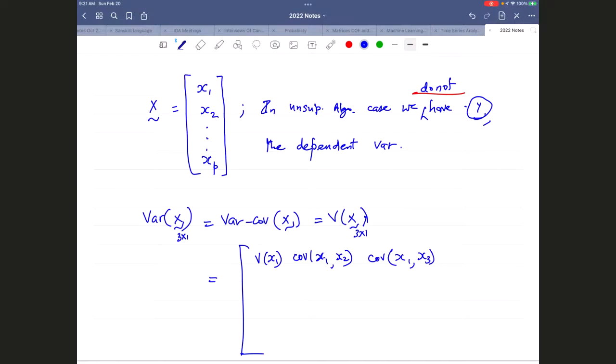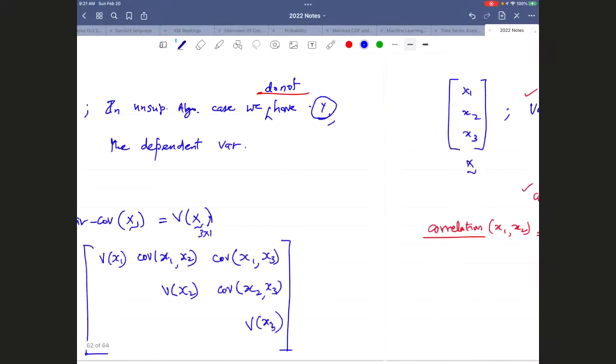And then I said it is symmetric, so I need to explain only this part, right? Yep. Covariance of x2, x3, and then this is variance of x3. Remember, variance of x3 is the same as standard deviation of x3 times standard deviation of x3, right?